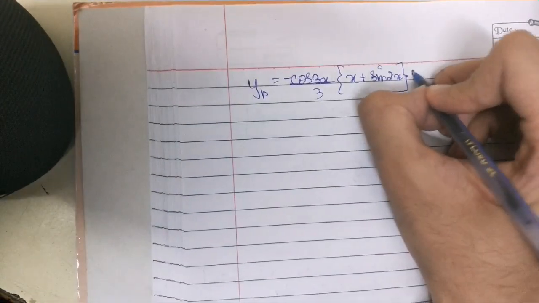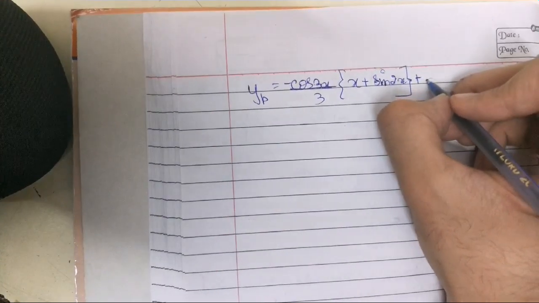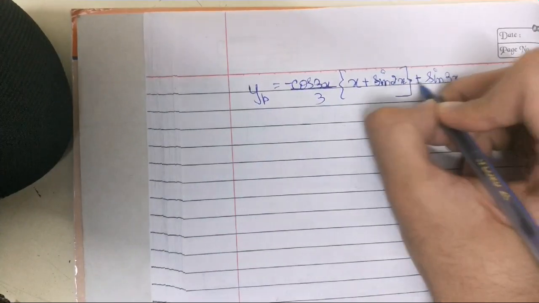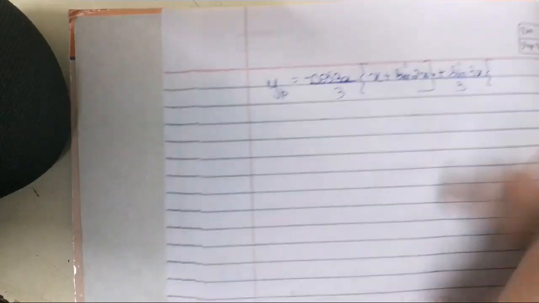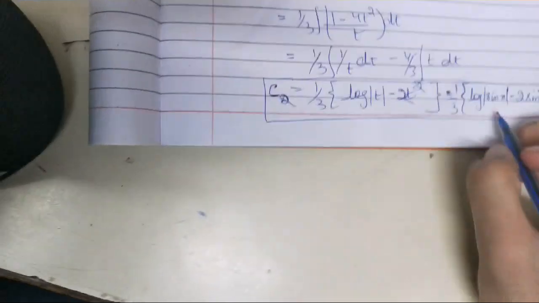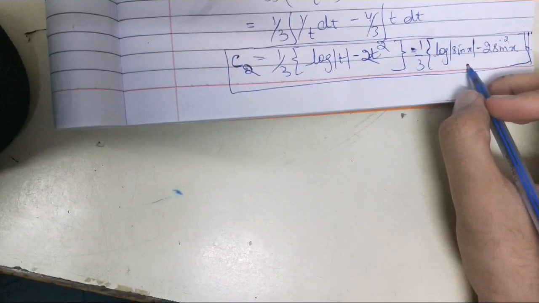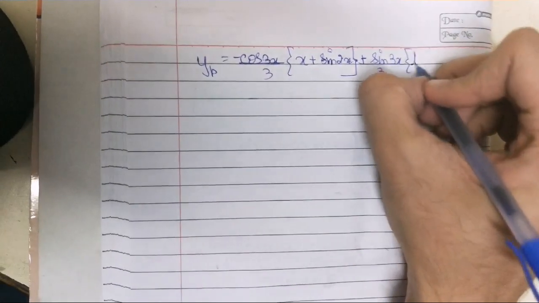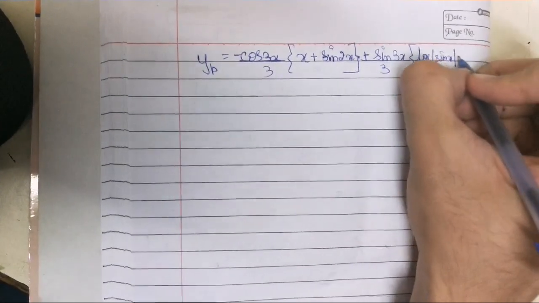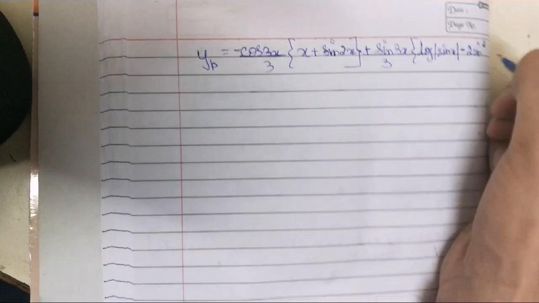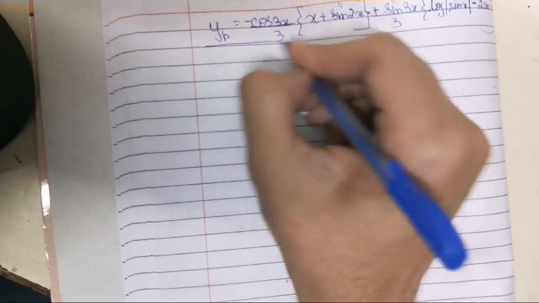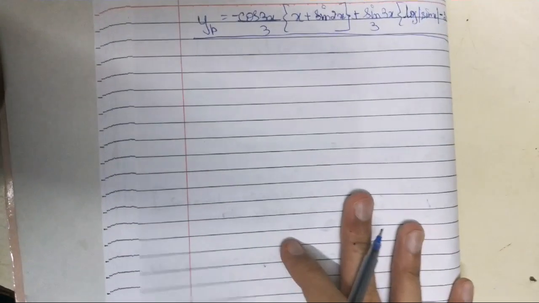And for c2, the y2 was sin 3x, and we had got 1 by 3 log mod sin x minus 2 sin square x. This is the yp that we have found.